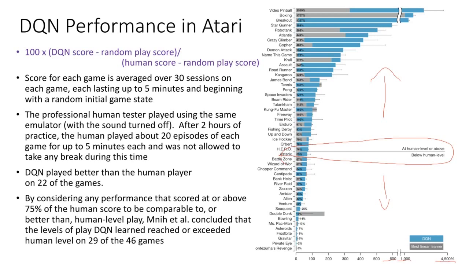So the performance improvement is tremendous for this deep neural network based reinforcement learning algorithm, the DQN algorithm, compared to really good human players. And the gray line here indicates how well a linear function approximation works. You see that linear function approximation seems to work sometimes, but not as well as the neural network based function approximation.